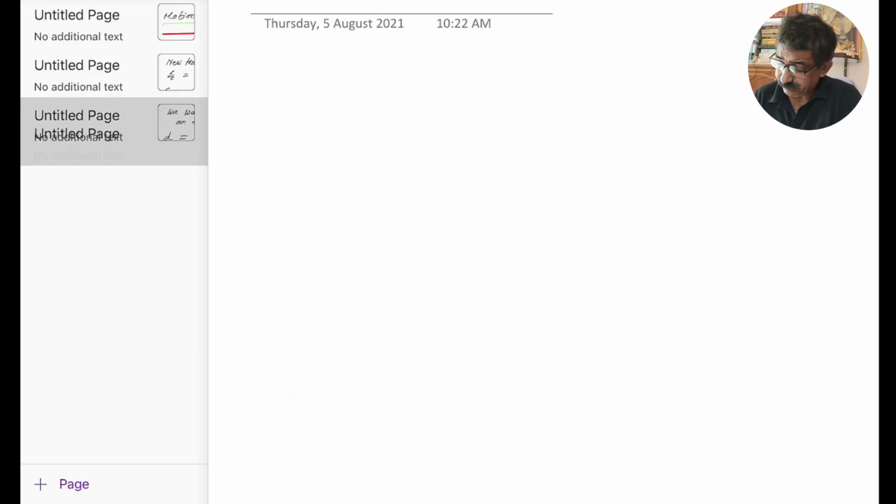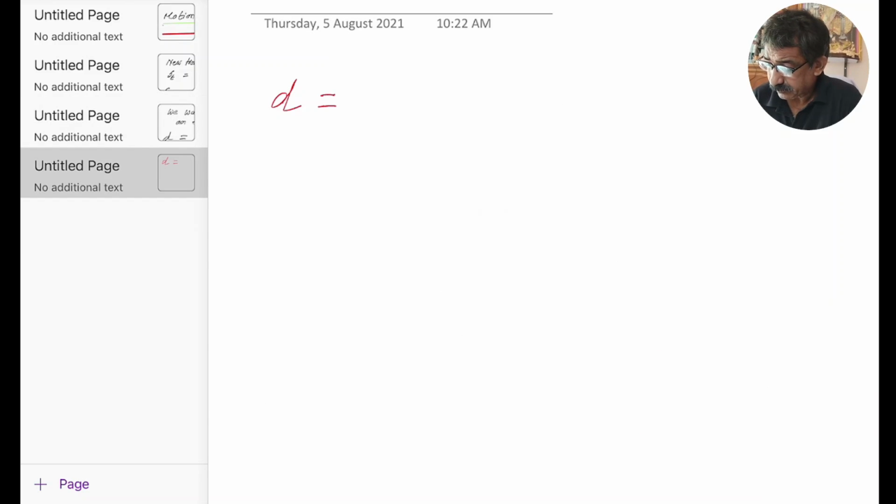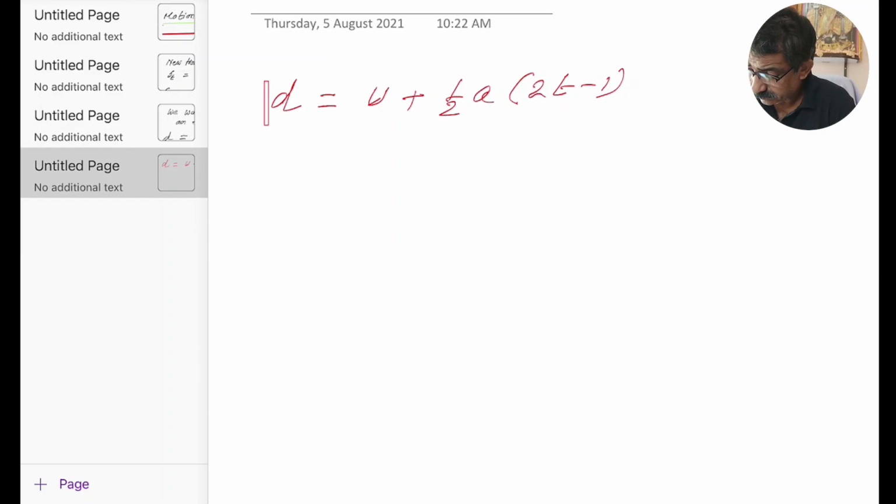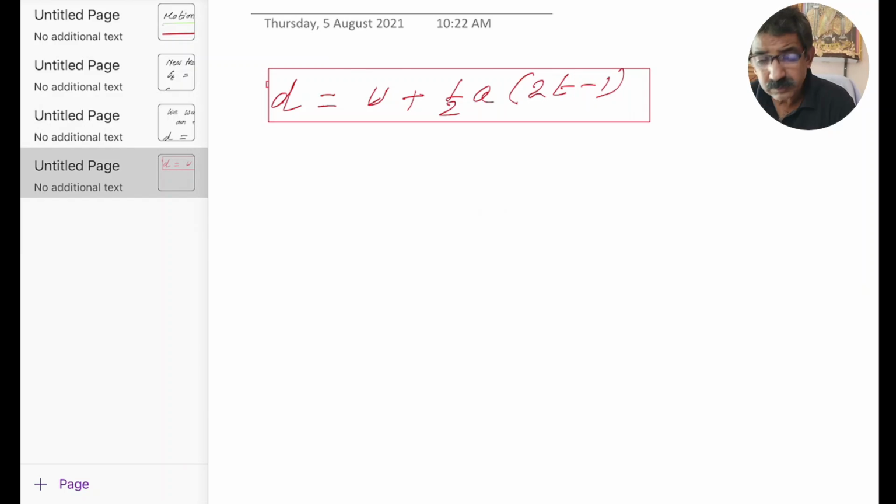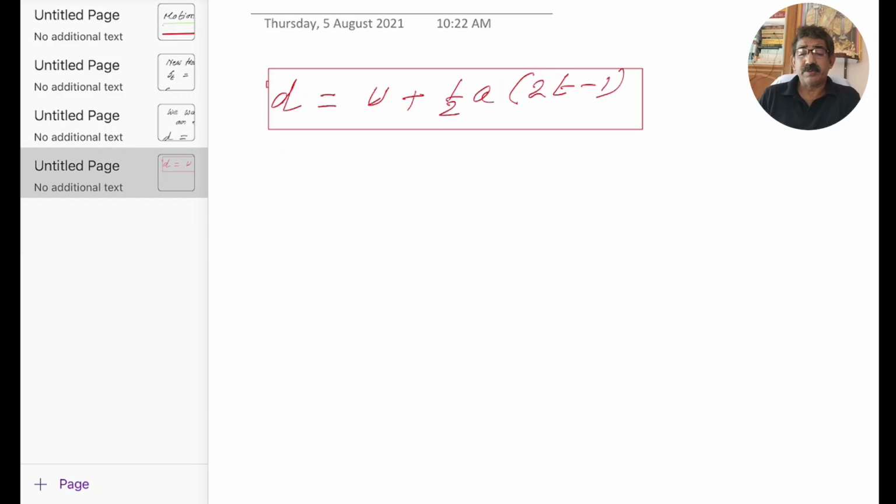Thus we have the formula d is equal to u plus half of a into 2t minus 1. So this is another formula.